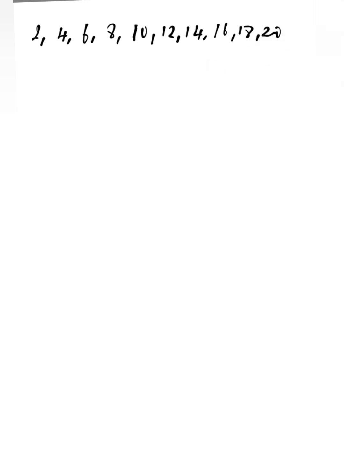So this is a sequence. The numbers are progressing, but they are following a given rule. Another example is the sequence 5, 10, 15, 20, 25, 30. The next is 35, the next is 40.